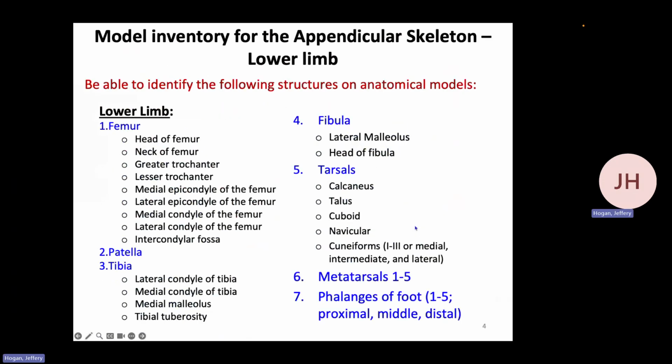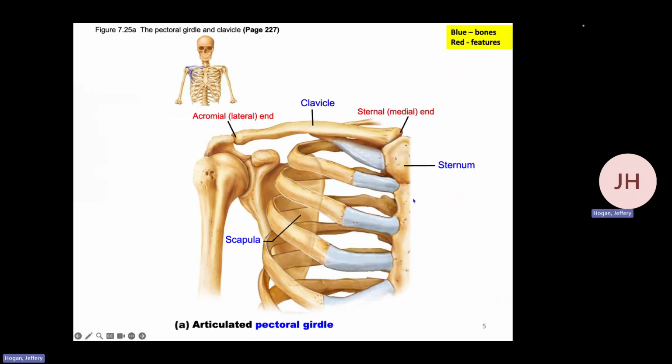All right, so starting with the pectoral girdle, starting right here in the front, we have the bones in place. The clavicle, the collarbone, connects the scapula here to the front of the chest.